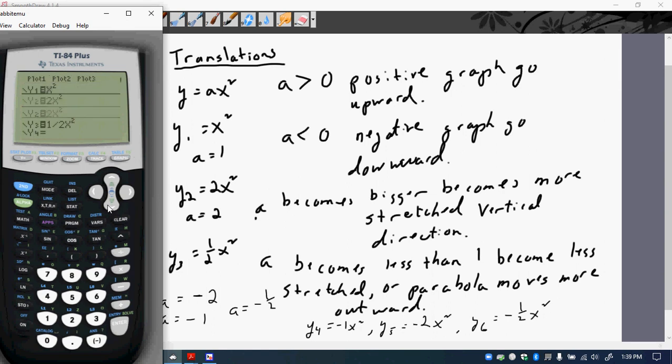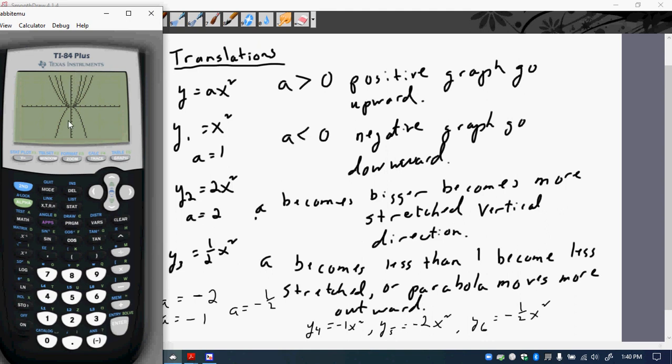So I'm going to go down to y4 and put in the -1, which is the same thing as just putting in a negative, so -x squared. Now if I hit graph, I see that it goes downward. What's happening is the negative symbol is causing the graph to flip across the x-axis.